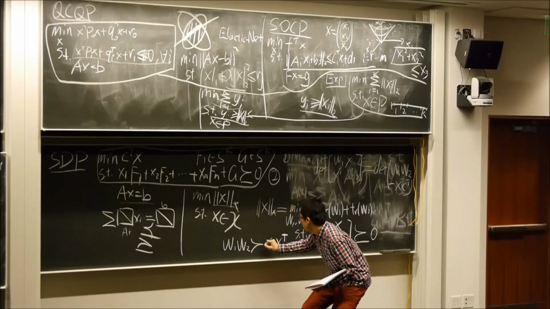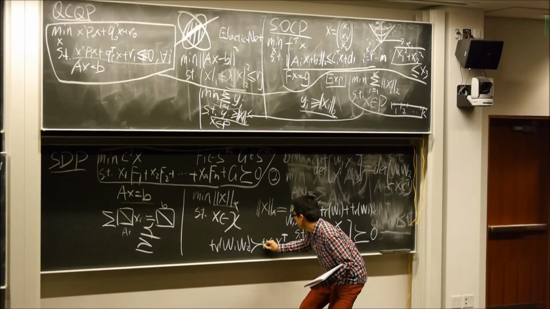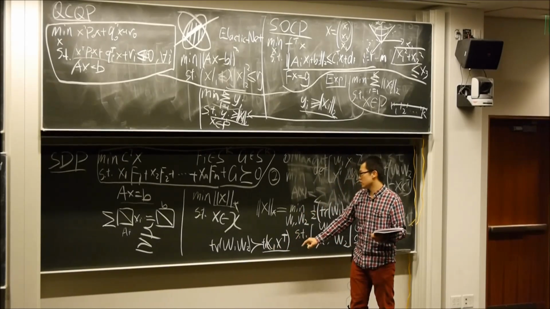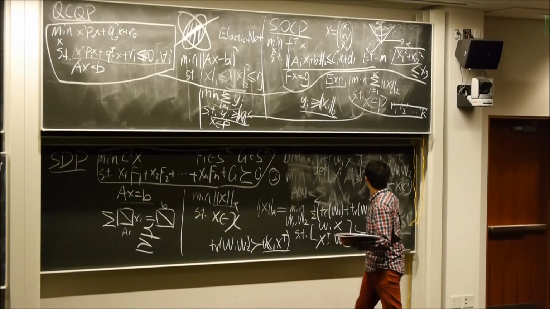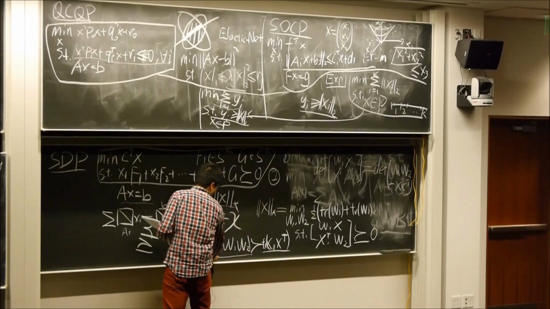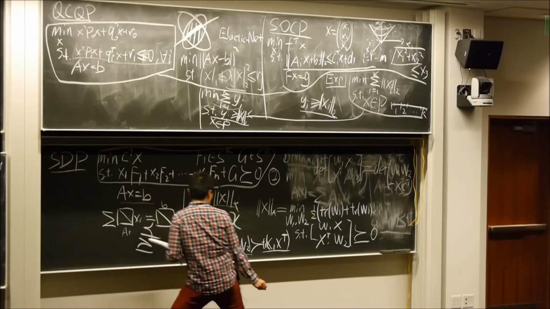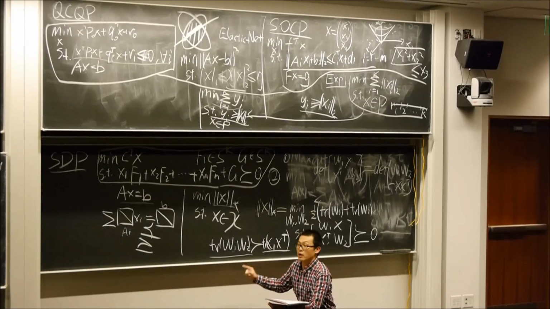So in this way, we take the trace on both sides. This is yet another definition of the nuclear norm. By doing a change of variable, we can argue that this is actually an upper bound of the nuclear norm.